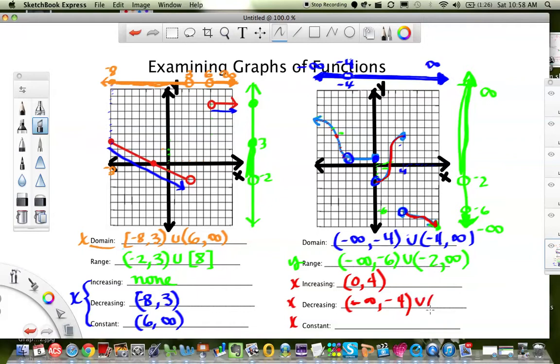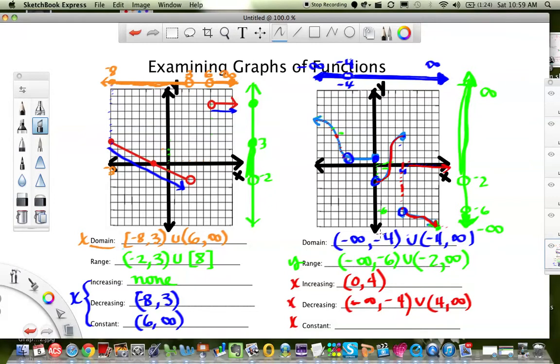So I'll union that with 4 to infinity. Now remember, I'm using the x-axis to describe my increasing and decreasing. So this last interval, I'm looking along the x-axis, so it's from 4, and then positive infinity goes this way, and so I'm looking at it along the x, not the y. That's why it's positive infinity and not negative.